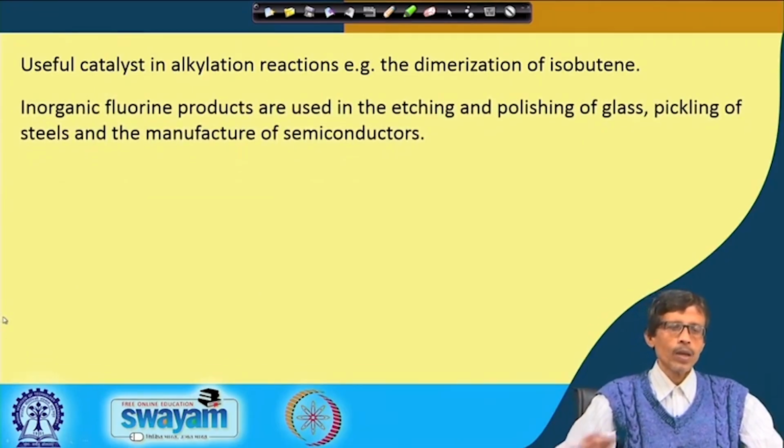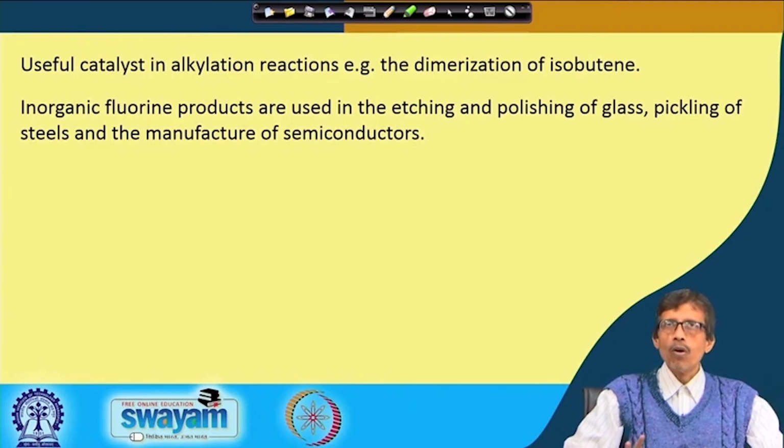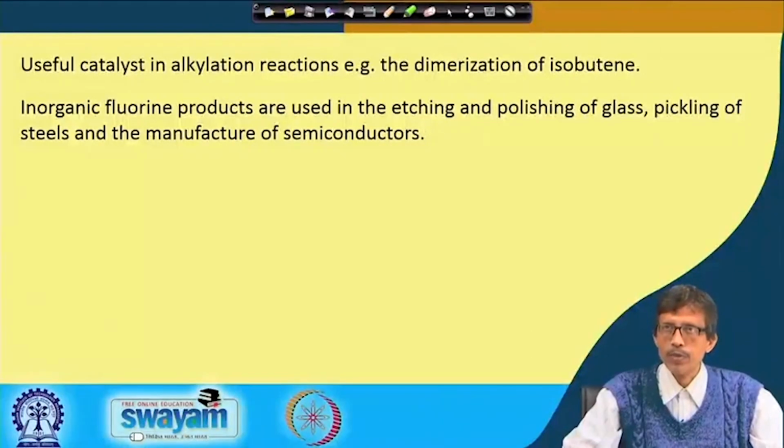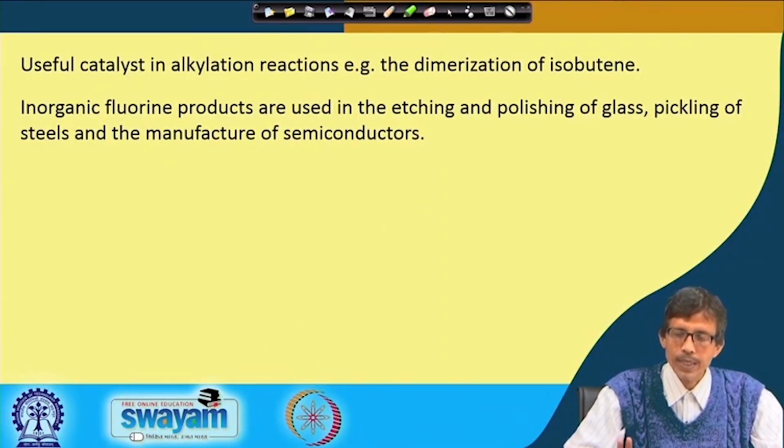Then we can go for production of large amounts of inorganic fluorine products used in etching and polishing of glass surfaces. If we have unwanted silica, SiO2, over the glass, it can be removed by reaction with HF as SiF4, which goes away as a gaseous material.